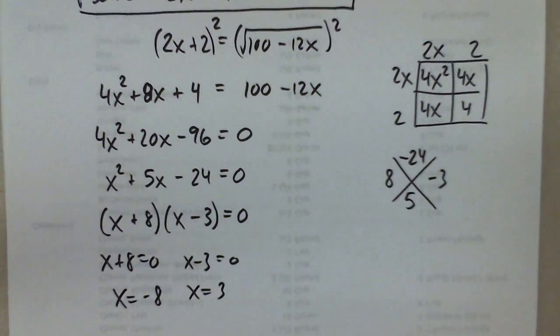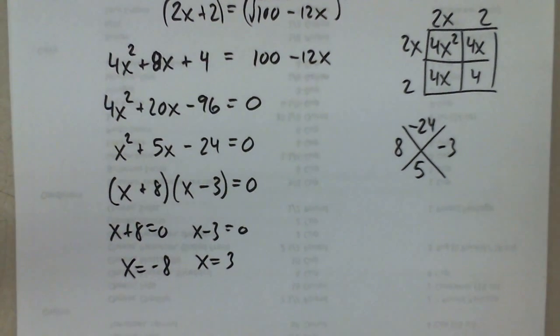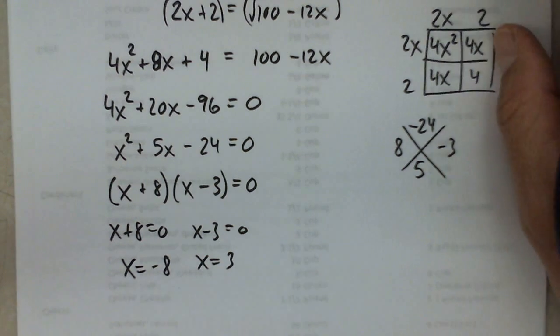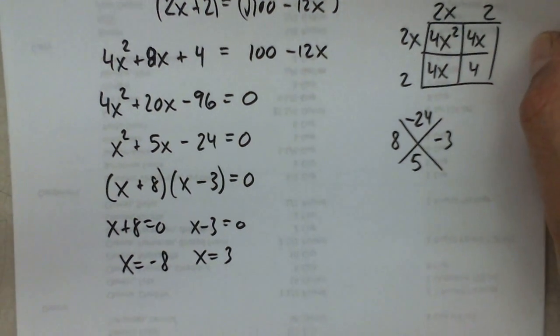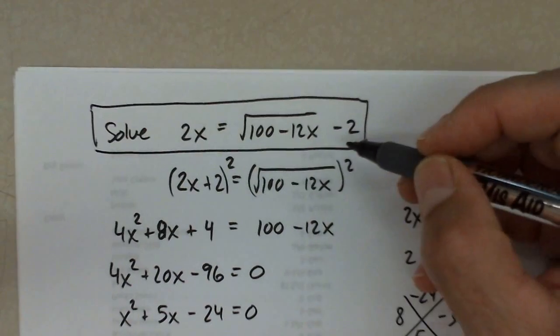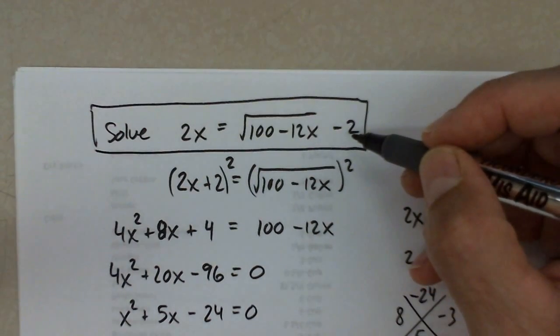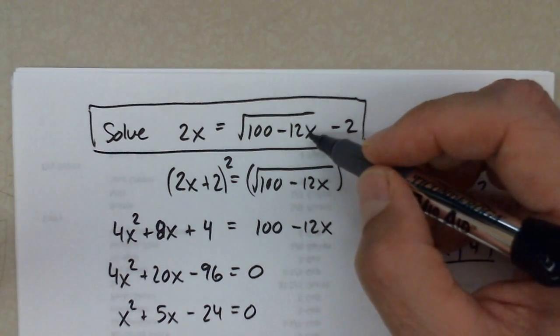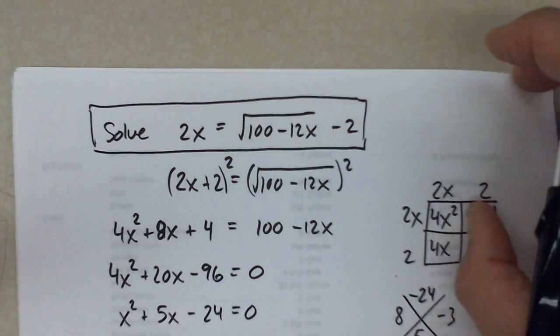Alright, so there are 2 possible solutions, but we have to check to see if they both are solutions, because it's possible to have extraneous solutions. So we have to take the original equation and put a negative 8 in it, and then put a 3 in it.